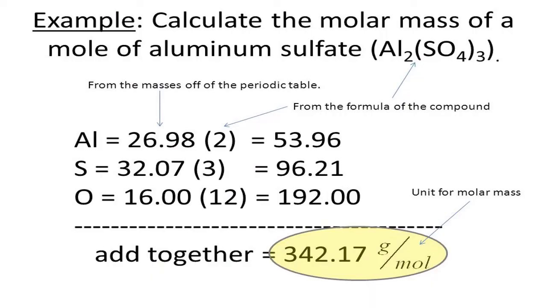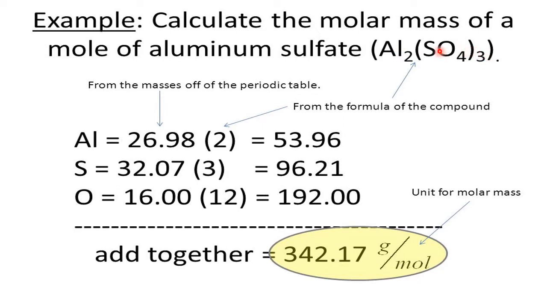Now this is to calculate the molar mass or the molecular mass of aluminum sulfate. Aluminum sulfate is Al2(SO4)3. This is done by using the crisscross method, which we already learnt in our previous classes. The charge of aluminum is +3 and the charge of the sulfate ion is 2 minus. After the crisscross method, the 2 of SO4 goes to aluminum and the 3 of aluminum goes to SO4.